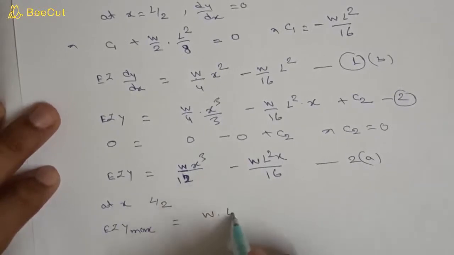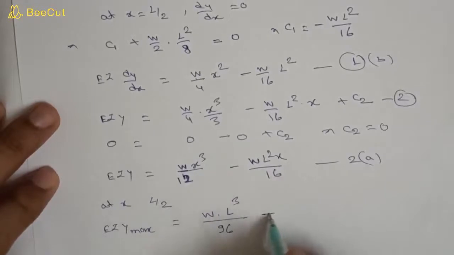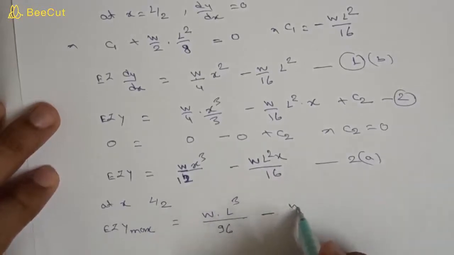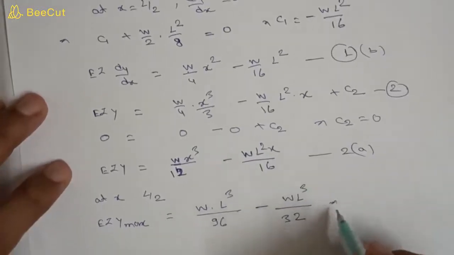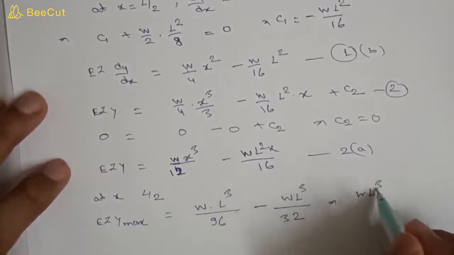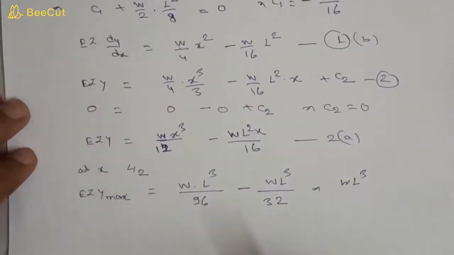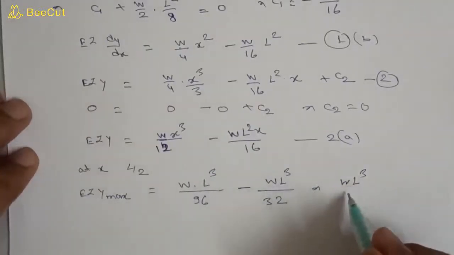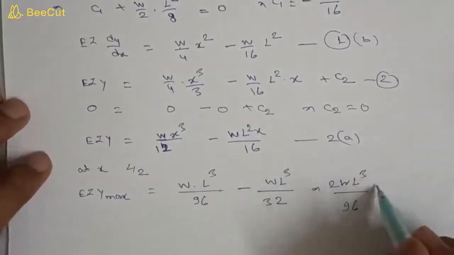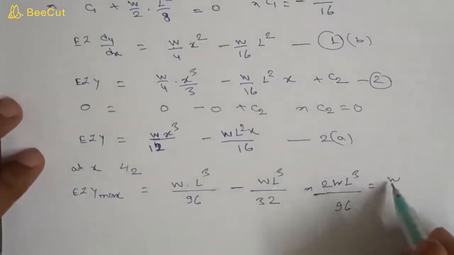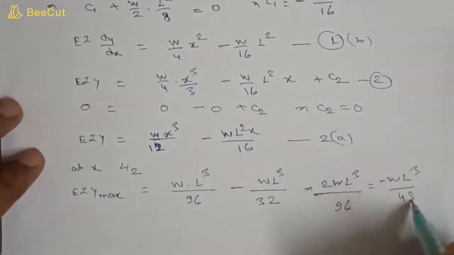So we will get l³ divided by 96 minus wl³ into 32. So if we subtract this, then we will get wl³ divided by 96, and it will become 2. So we will get minus wl³ by 48.